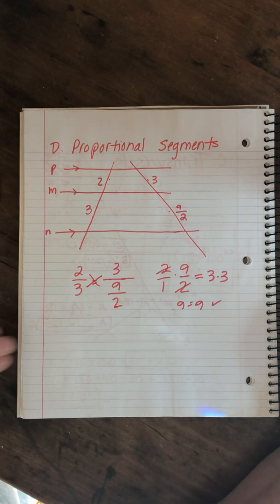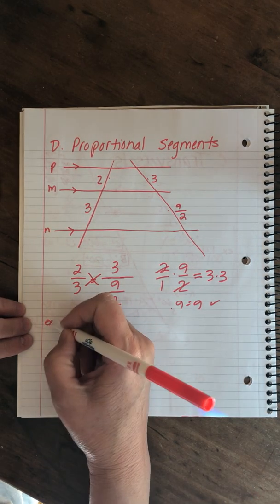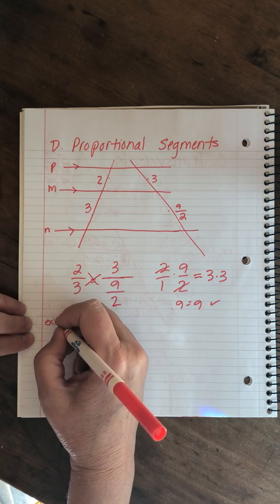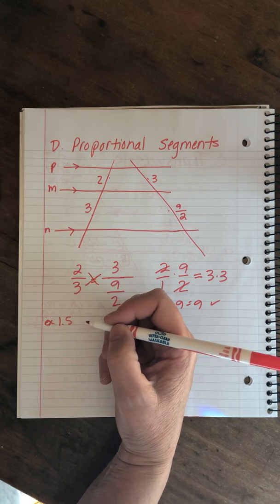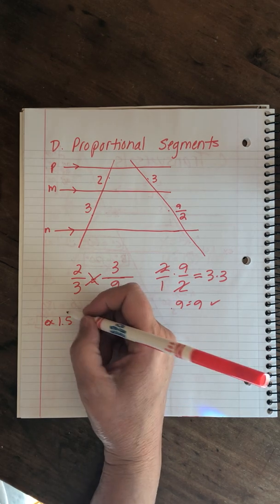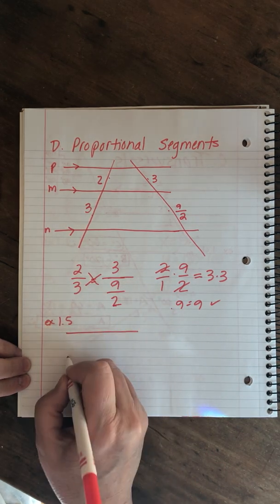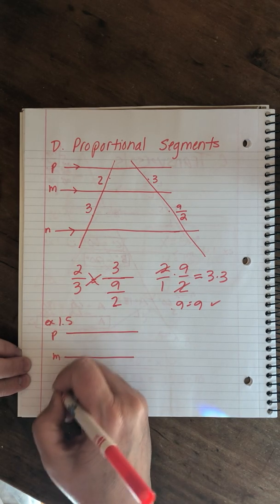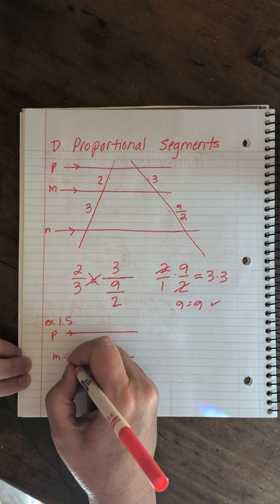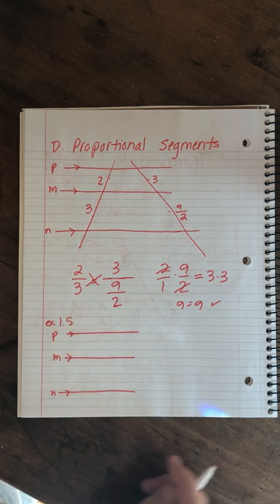an example so you can see how the problems will work, but it's pretty much what I just did. 1.5. Okay. 3 lines again. Also named P, M, and N, also shown by arrowhead that they're parallel.